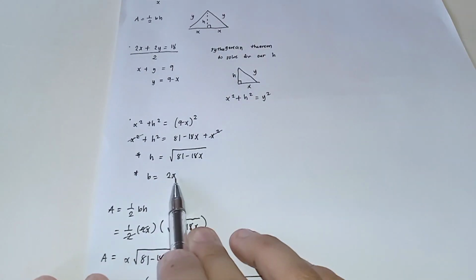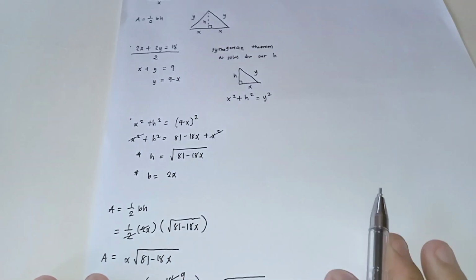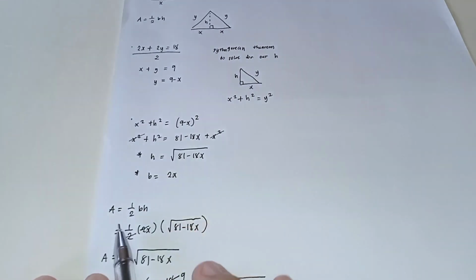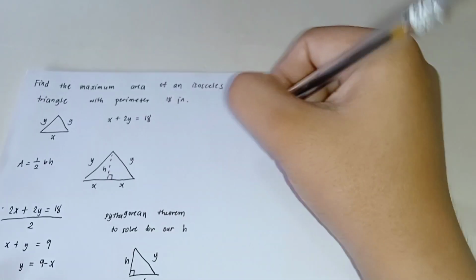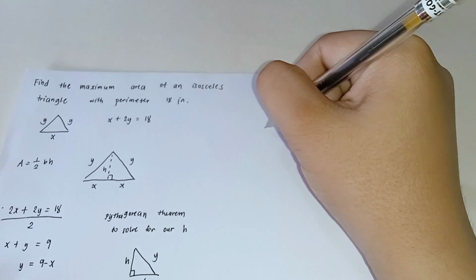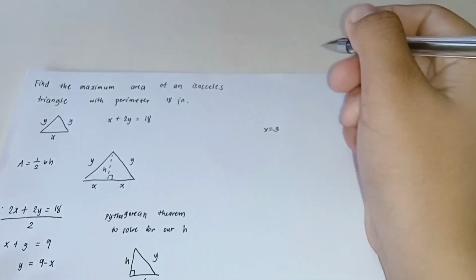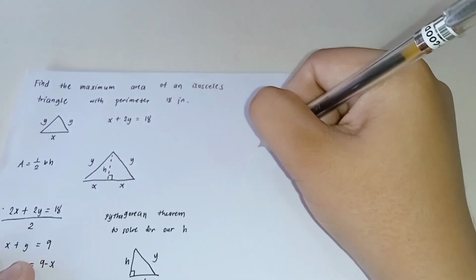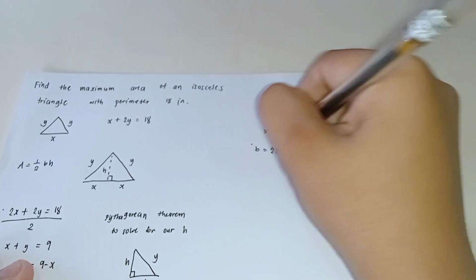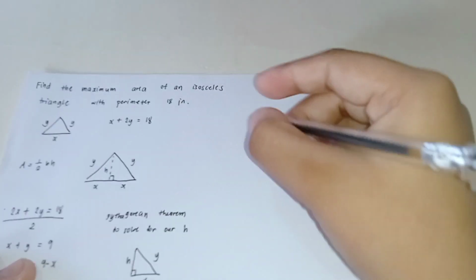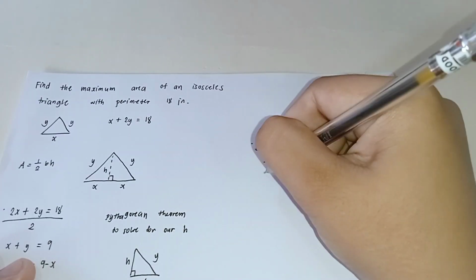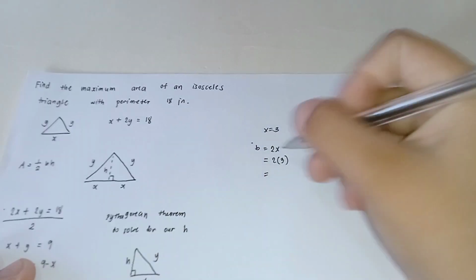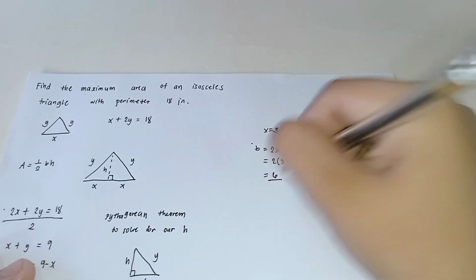Now we already have the value of our x, which is 3. So now let's substitute the x here to get the value of our height and our base to solve for our maximum area. So again, our x is equal to 3. Now let's solve for the value of our base. Base is equal to 2x. Now let's substitute the value of x, 2 times 3. So our base is equal to 6.